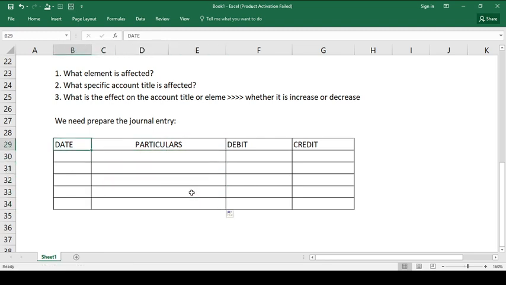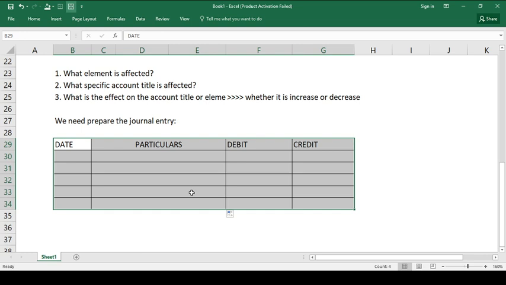We have the date. Importante po yung date. We have the particulars. Then, we have the debit and the credit. Yun po yung importanteng information in preparing the journal entry. We consider this as a journal sheet. A journal sheet is a document wherein the journal entries are being recorded.